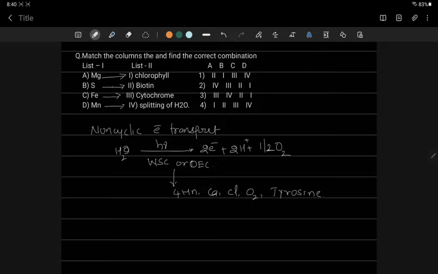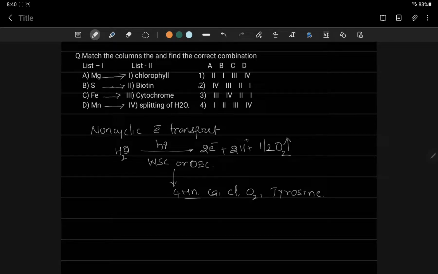So this manganese is part and parcel of the water splitting complex, responsible for splitting of the water into electrons, protons and oxygen. So this is the oxygen, which we find as the byproduct of photosynthesis.